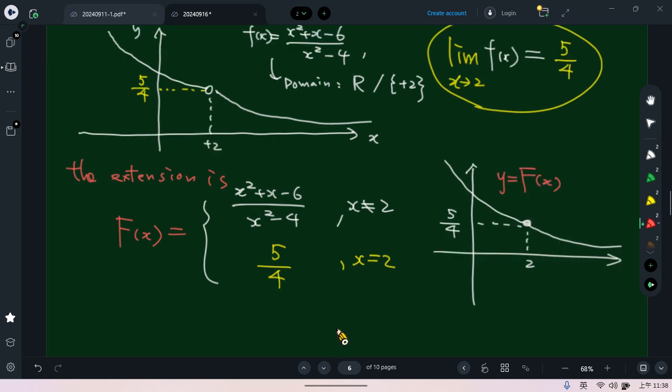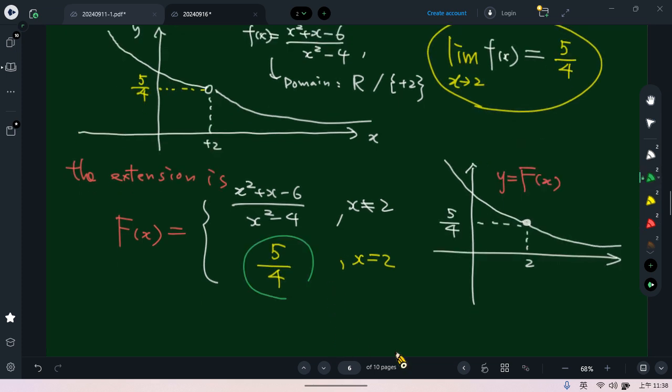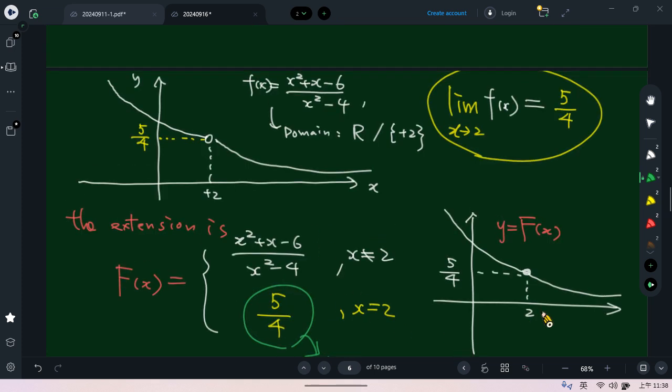But let me ask you, can I define it as, like, 100? Of course you can do that. And the new function big F of x is still a function, right? But if you force the function value to be 100 when x is equal to 2, it will not be a continuous function. 100 is here, and this one will become empty.